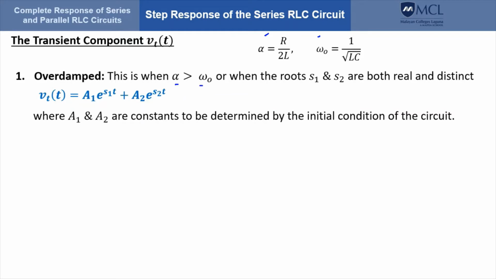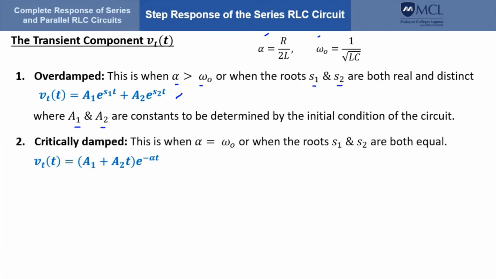Okay, so this is called an overdamped case, where the roots S sub 1 and S sub 2 are both real and distinct. In this case, that will give us a transient component that is like this. So it is the sum of two exponential expressions, where A sub 1 and A sub 2 are constants and need to be determined using the initial conditions of the circuit.